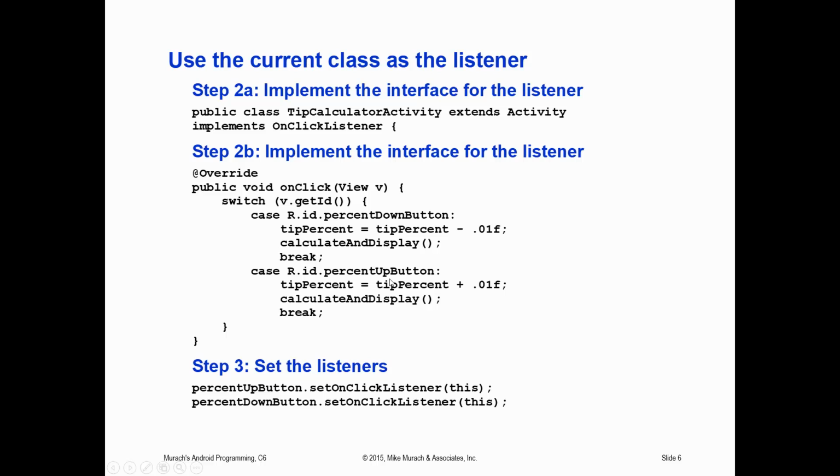The code uses the current class, which is the tip calculator activity class, to implement the on-click method defined by the on-click listener interface. It then wires the listener to the 2 buttons. To do that, it uses the keyword this to identify the current class as the listener. And that's what you see down here.